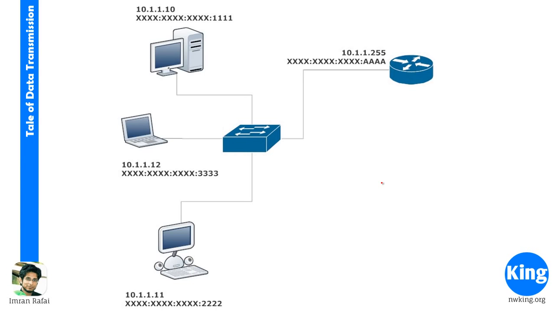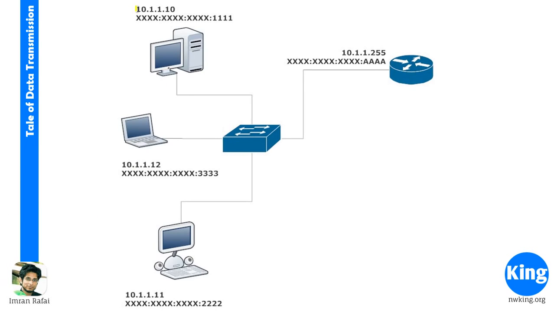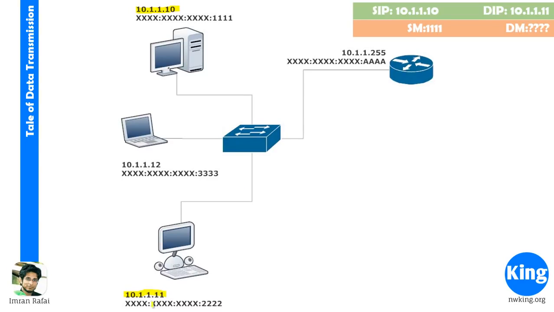Right, let's look at data transmission. Let's assume this computer with IP address 10.1.1.10 wants to communicate with this computer, 10.1.1.11, right? Now if you know the OSI model, we know there are two address concepts. We have the IP address, the layer 3 address, and then we have the layer 2 address called the MAC address.